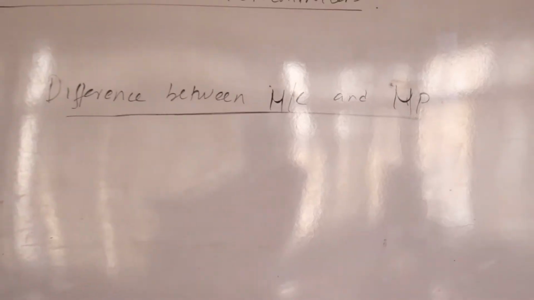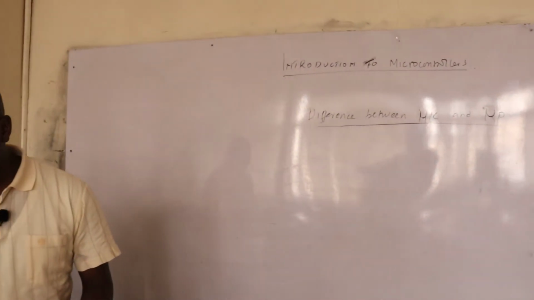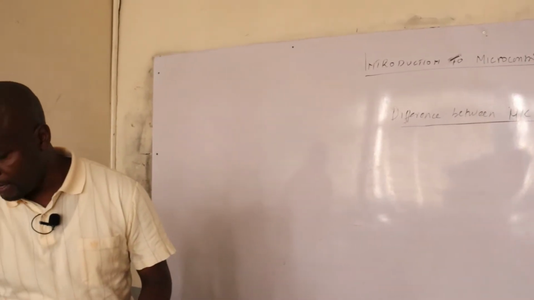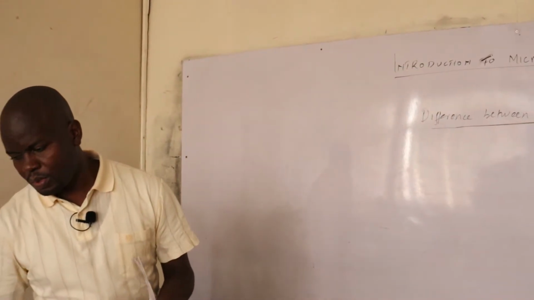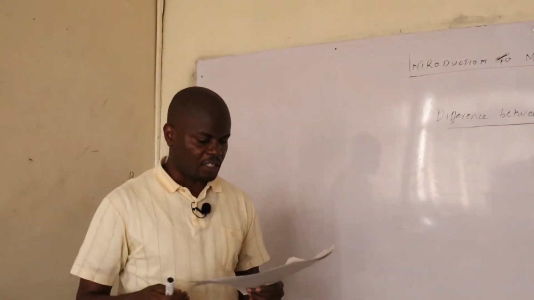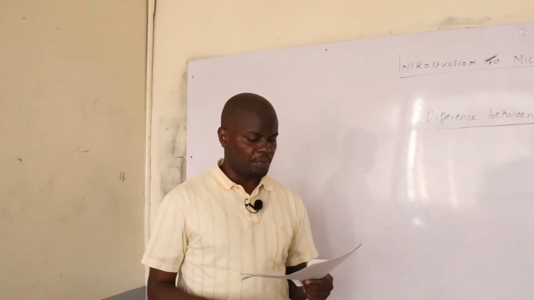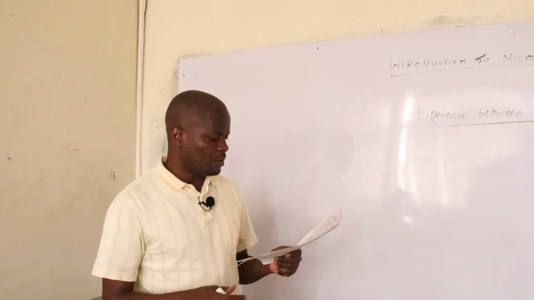There are several differences, and they usually come in terms of architecture, what they process, and what they do. Number one, we have the microcontroller on this side and the microprocessor on the other.